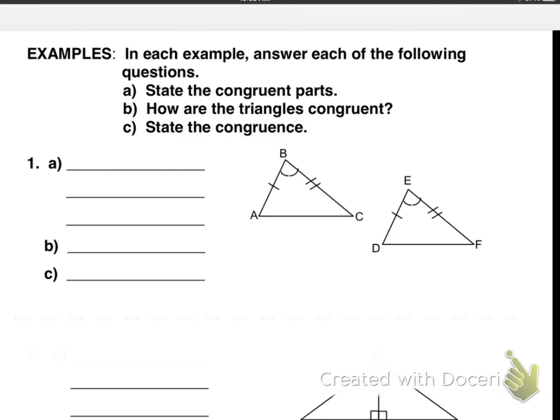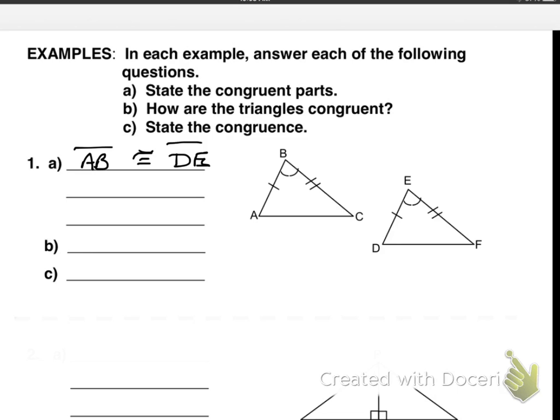So in each example, answer each of the following questions. State the congruent parts, how are the triangles congruent, and state the congruence. So in number 1, looking at the two triangles, we have side AB is congruent to side DE. And again, you have to go from the unmarked angle in this case to the marked angle.